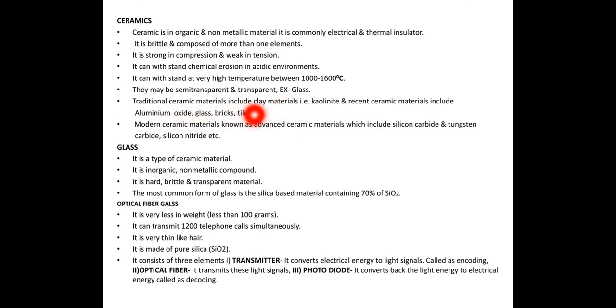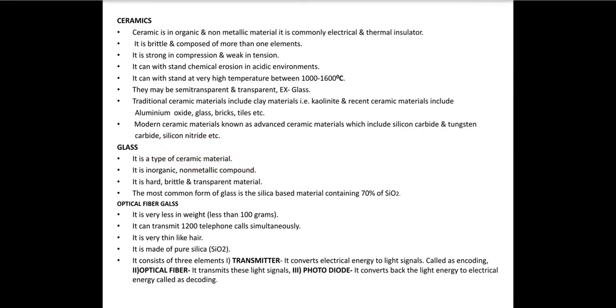Traditional ceramic materials include clay materials, kaolinite, and recent ceramic materials are aluminum oxide, glass, bricks, tiles, etc. Especially this is useful for civil engineers. Modern ceramic materials, known as advanced ceramic materials, include silicon carbide, SiC, tungsten carbide, silicon nitride, etc.